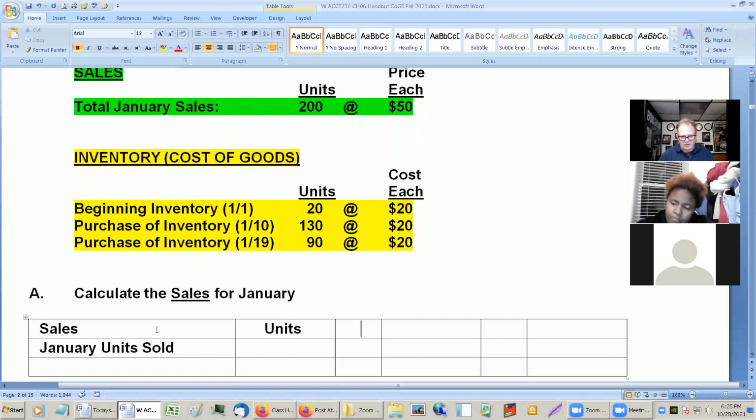The cost can be a little bit trickier though. So 200 units at 10,000. 10,000, yeah.